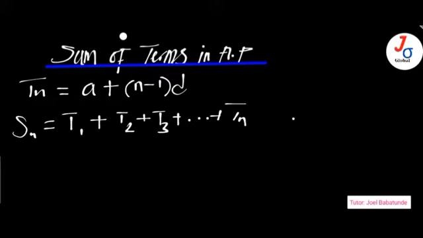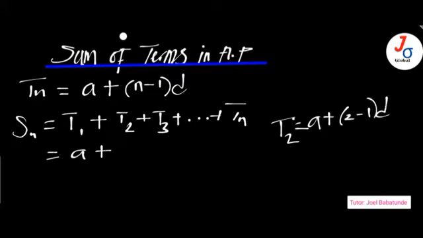So what is T1? T1 would then be a, that's the first term. Plus, what's T2? T2 has to be a plus (2 minus 1)d, and that gives us a plus 1 times d, that's a plus d.